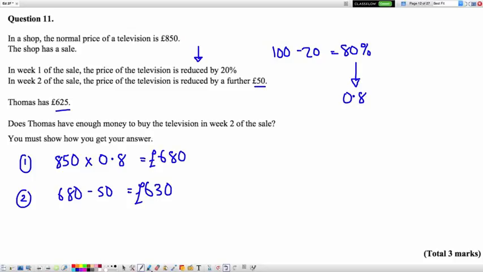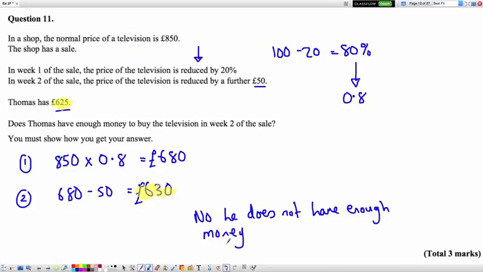So comparing that number, 630 to 625, we can see that Thomas does not have enough money. So no, he does not have enough money. He's £5 short.